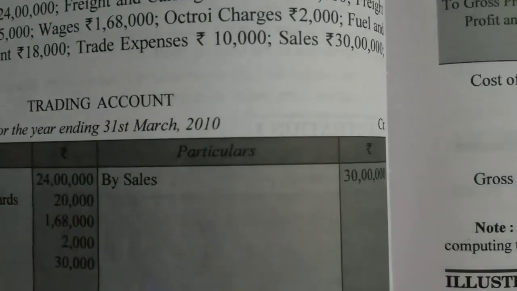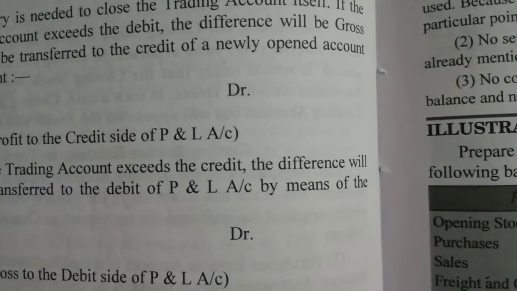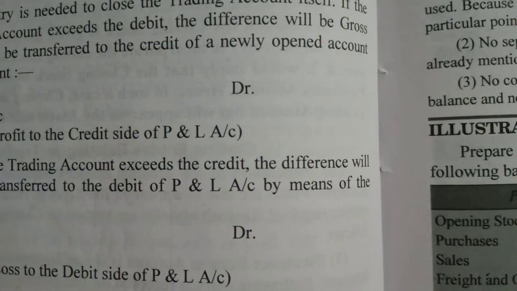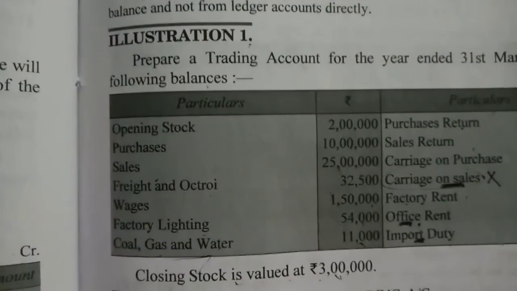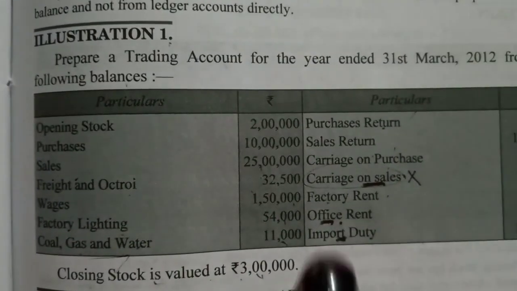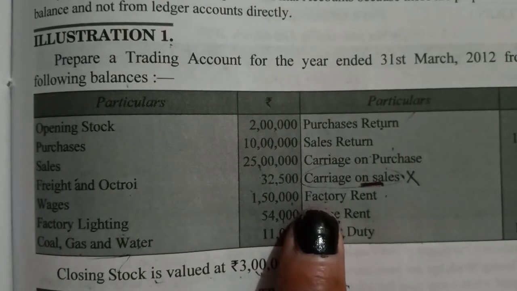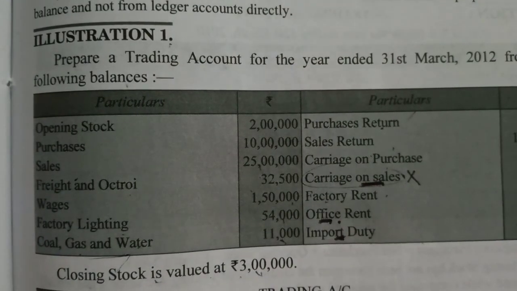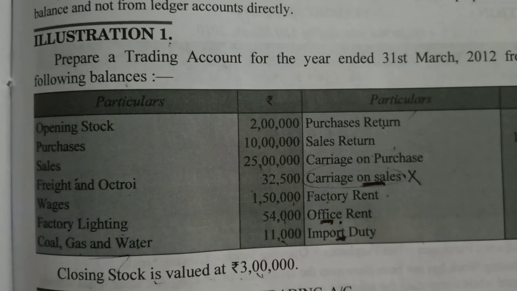This is your trading account. I hope you all understood illustration number 1. In the same way, you have to solve question number 1 and question number 2. You have to complete both of these.